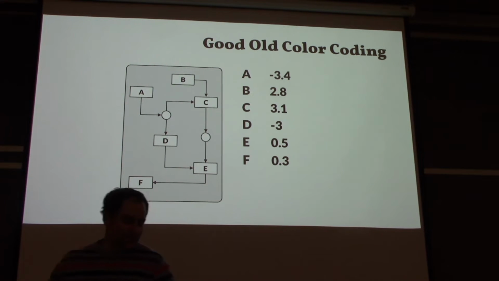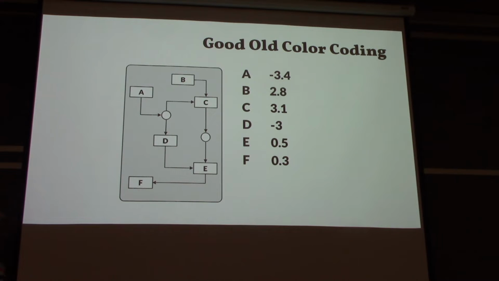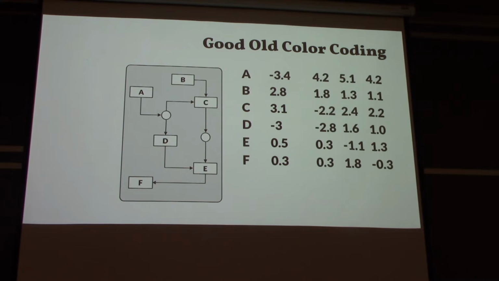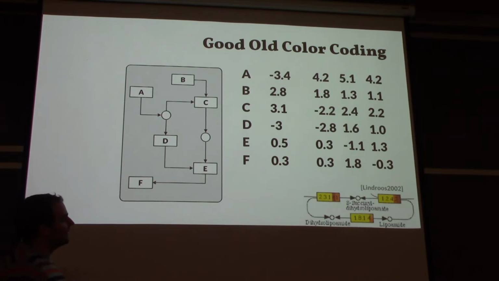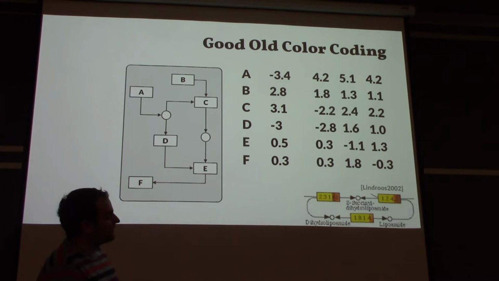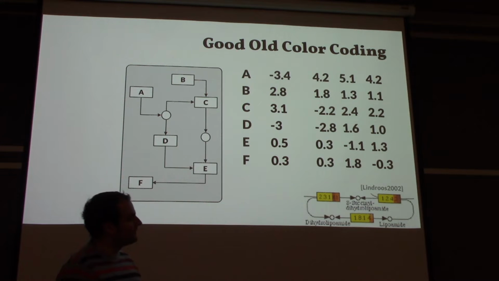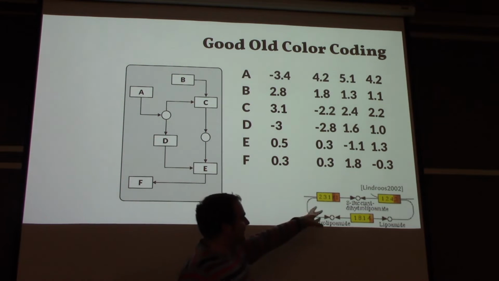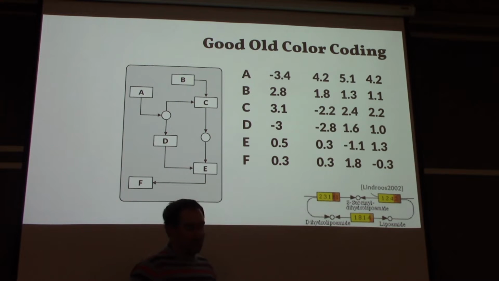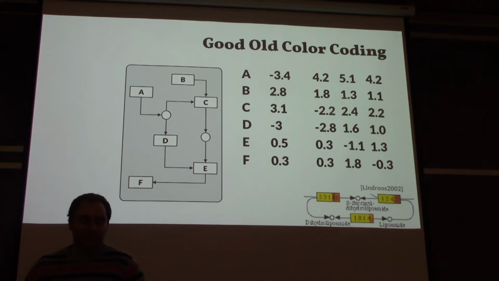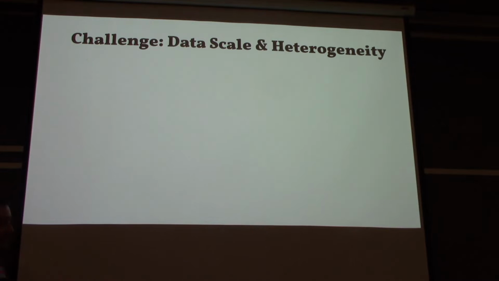Good old color coding works well if you have only a single vector, then you can clearly map that. But if you have multiple vectors, then it doesn't work that well. As I showed you before, people have tried many different approaches. Here's an approach where little rectangles cover 5 or 6 different conditions, but as you can see, scalability is limited here.